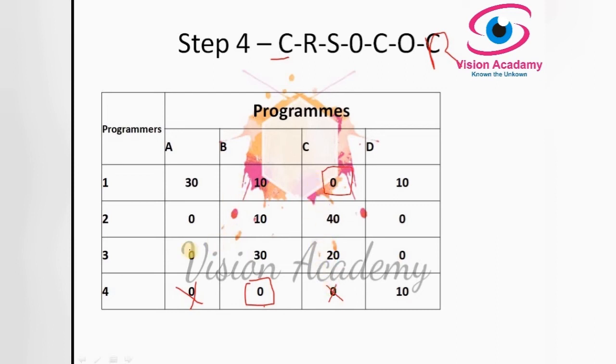But here we started with the column, so we give the opposite treatment. So we found some zero, gave a rectangle around it and crossed out all other zeros in the row. So in the B row we found 1 zero, and let's go for the C row.